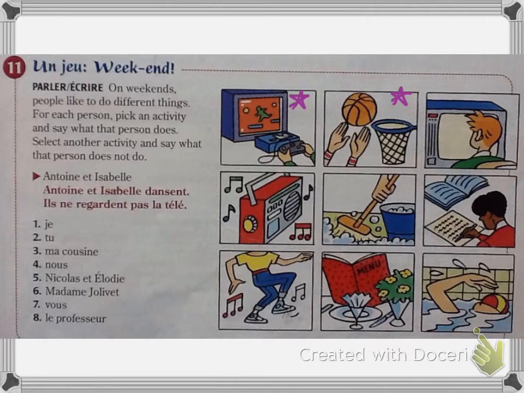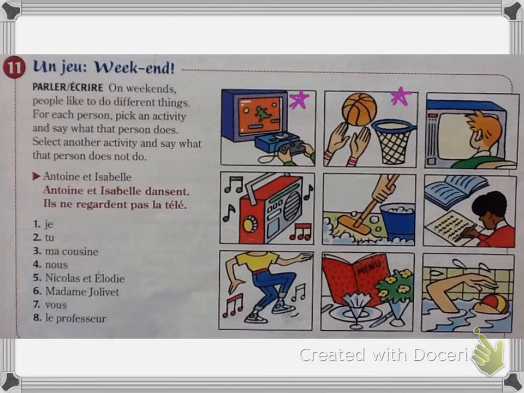Numéro 5, Nicolas et Elodie, if we use regarder la télé and jouer au basket. Nicolas et Elodie regardent la télé, ils ne jouent pas au basket. 6, Madame Joliette, if we use travailler and écouter la radio.